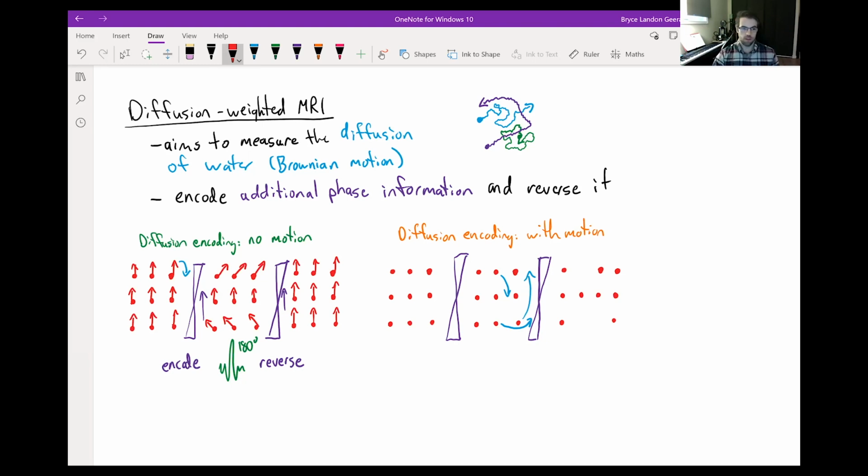Now let's move on to a more realistic scenario where there is motion of molecules during our scan. I haven't drawn any motion in step 1, so I'll just add some arrows here to show everything's in phase. And then we're going to encode some phase information in our diffusion direction of interest, which we'll talk about a little bit later.